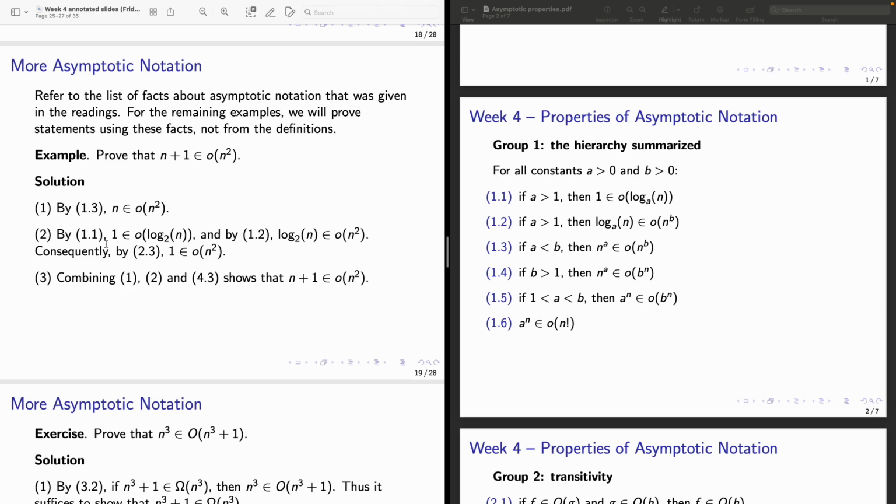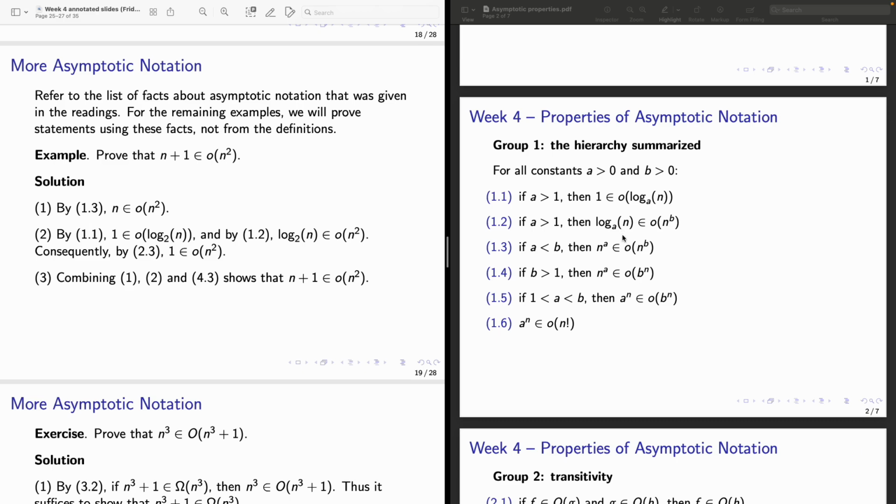Then by 1.1, we use a similar rule for constants. Any constant function is in little o of any logarithmic function, as long as the base is greater than 1. And then by 1.2, we move a bit higher up the hierarchy.